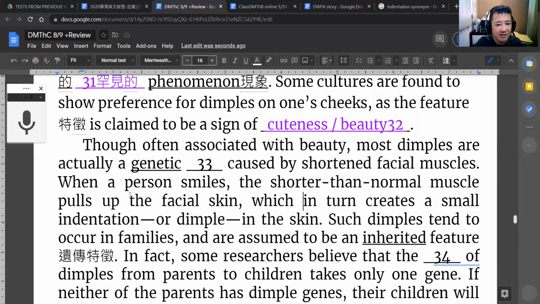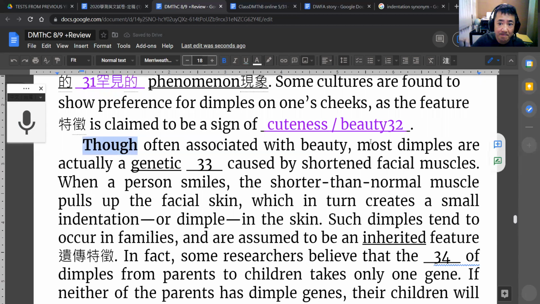Though often associated with beauty, most dimples are actually a genetic blank caused by shortened facial muscles. It's very interesting. Whenever you hear the word though, 怎样, right? And then 下一句 is the 相反.